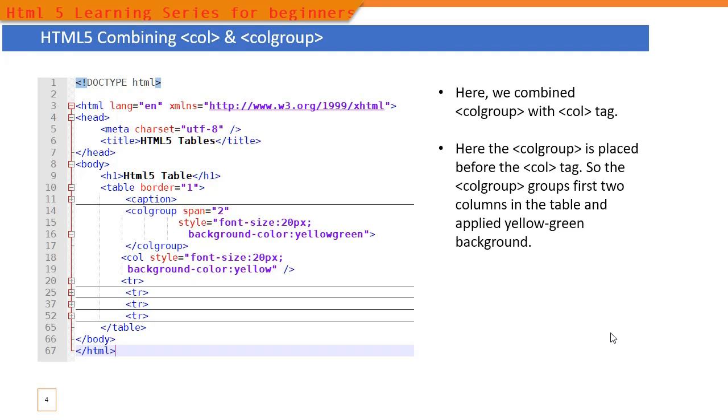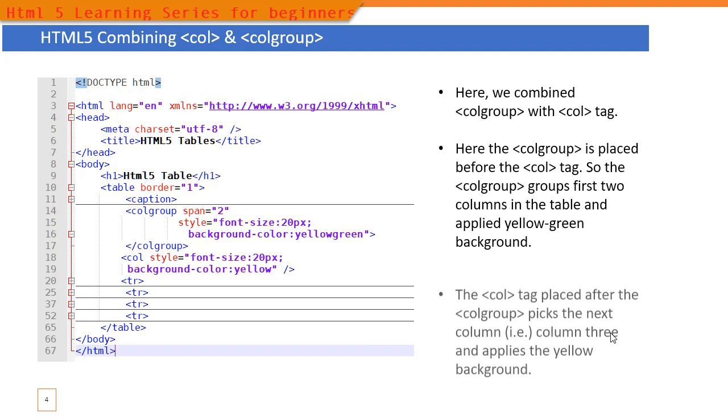We know that our table is a 3-column table. So the first colgroup combined two columns. That means the first two columns are taken care of by this colgroup, and yellow green is applied to both of these columns. After this colgroup, since we specified a col, it automatically picks the third column. So the third column here appears in yellow background color.